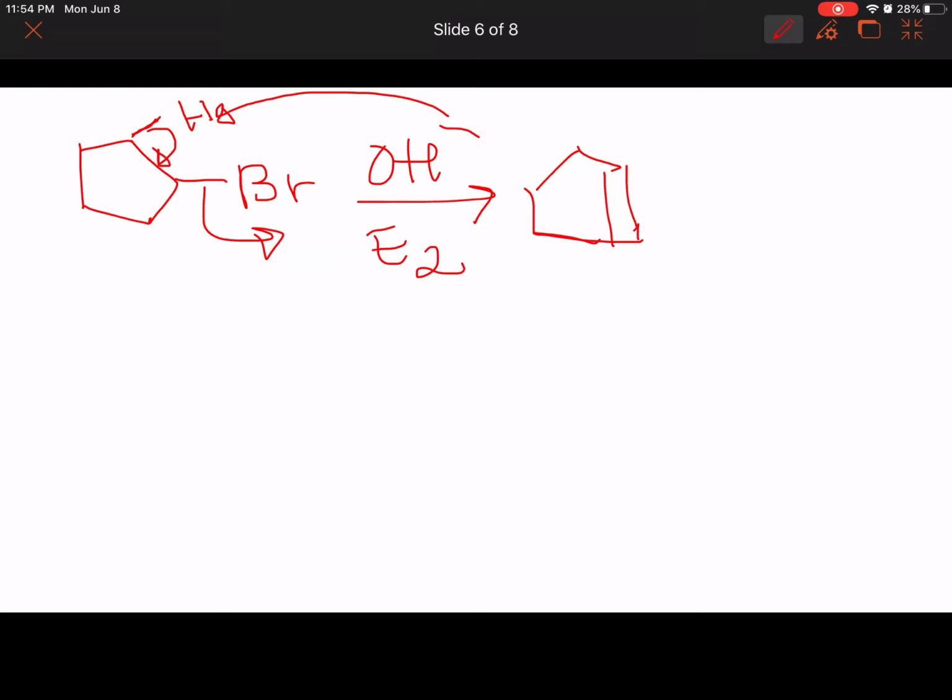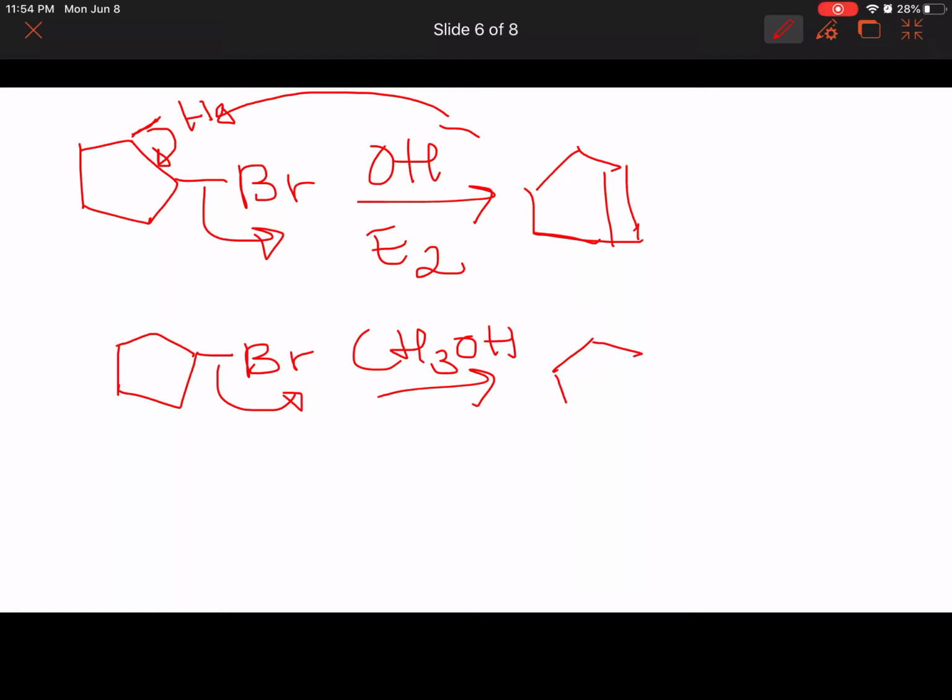same time. And the next one, you have a bromine and now you have methanol as your base. Methanol is a mild base, a very weak one. So it would not go and grab a hydrogen just like the hydroxide did. Instead, the bromine will fall off because this is a secondary carbon. So the secondary bromide will form a secondary carbocation.